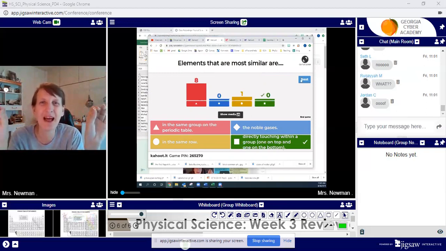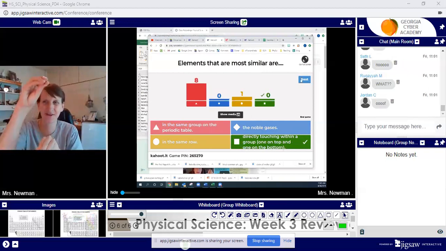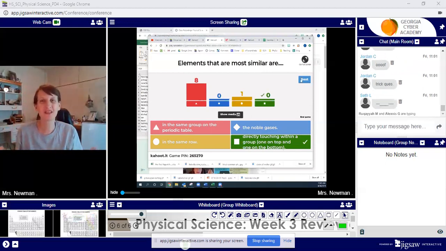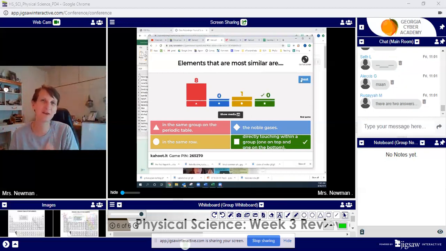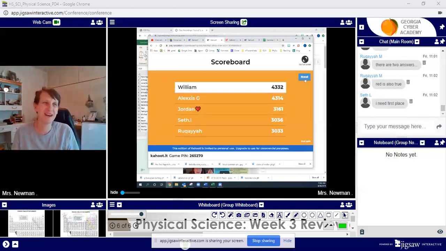Elements that are most similar are actually right next to each other in the group, as opposed to being further apart in the group. So this is just a reminder to read all of the answer choices. Even if you think the first one is right, there might be a better one. It's okay, we're probably still in exactly the same order because nobody got it right. I'm glad that you're competitive, but we all stayed in exactly the same order on that one.